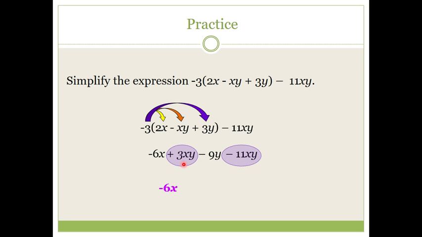So now I add or subtract the coefficients: what is 3 minus 11? Well, 3 minus 11 is negative 8, and then I include the term xy. Finally we have this last term, negative 9y. I'd be looking for any other y term that I can combine it with, but there isn't any, so I just bring it down.